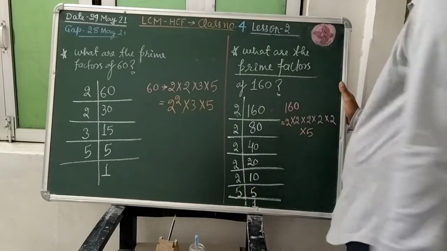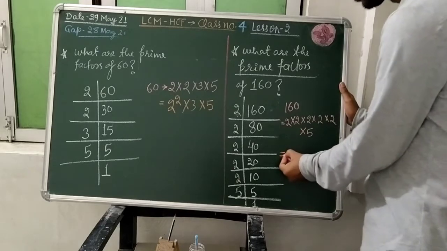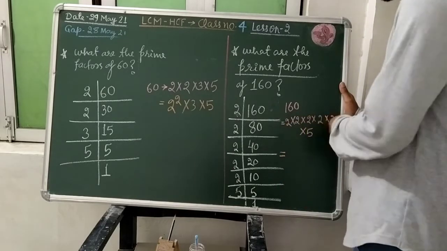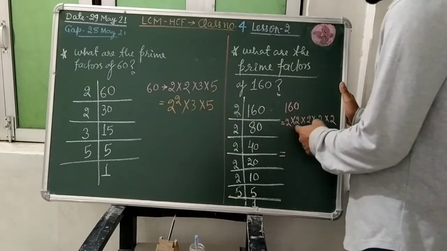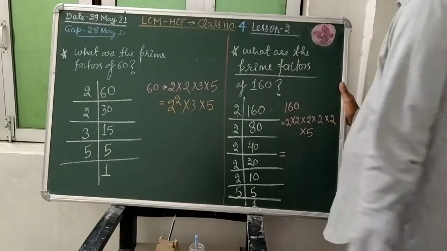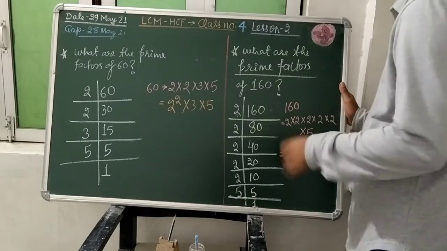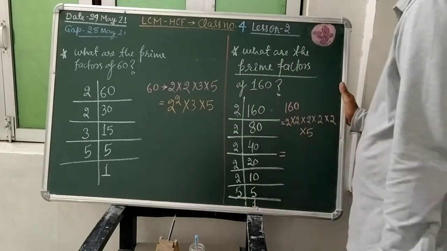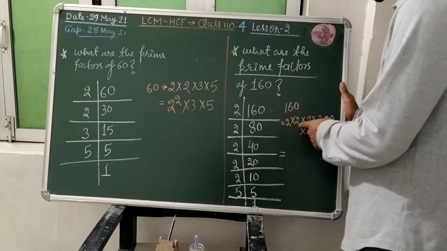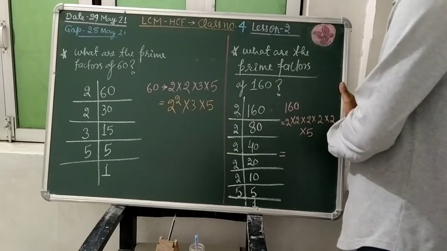So look, students, 2 is coming how many times? 1, 2, 3, 4, 5. So this number 2 has a power of 5: 2 into 2 into 2 into 2 into 2.